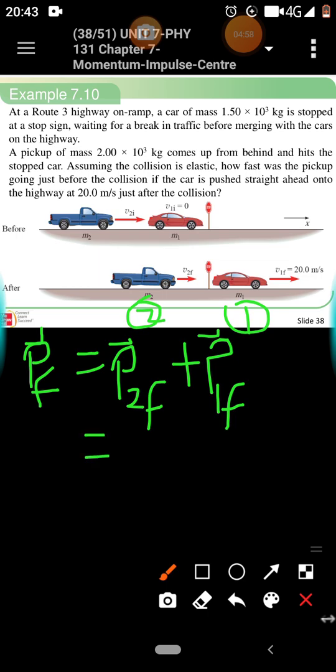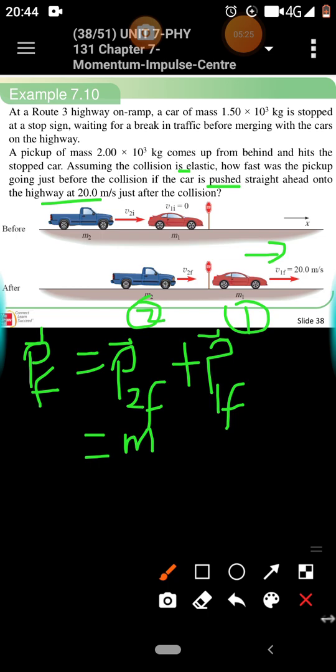We are given that the car is pushed straight ahead onto the highway, so this is given.